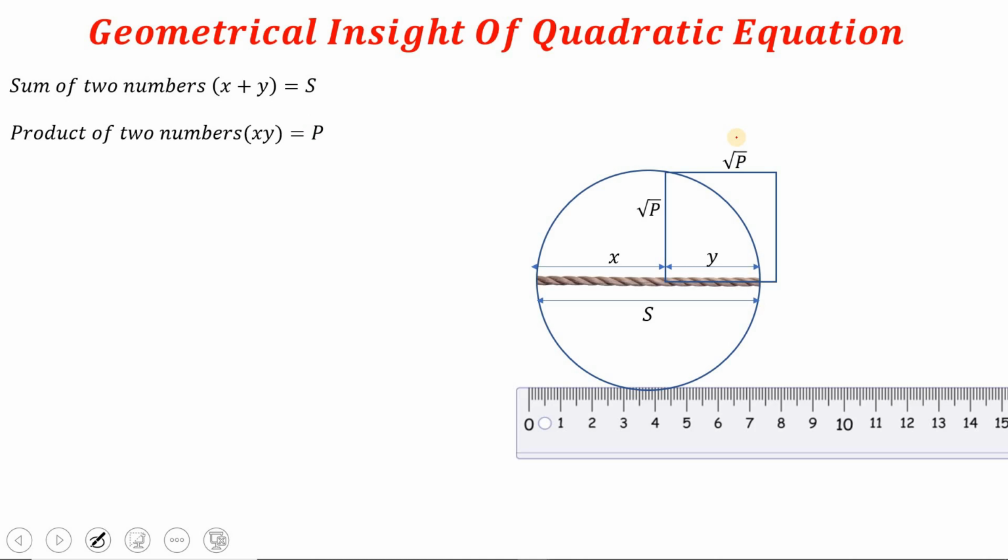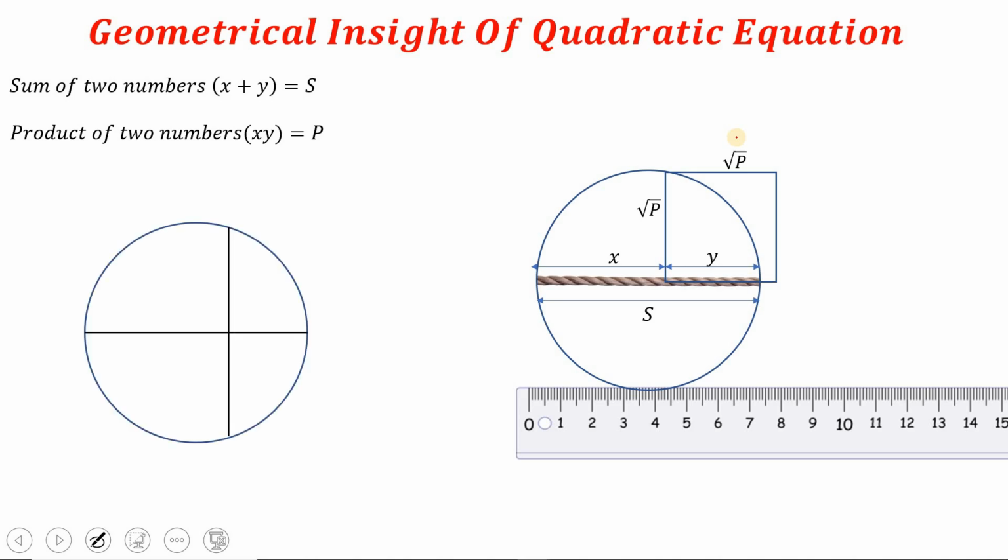Now, to describe why it works, we have an interesting theorem on circles. Let's see this circle. In this circle, let's assume this length as t, and this length will also be t, since this diameter bisects this chord.